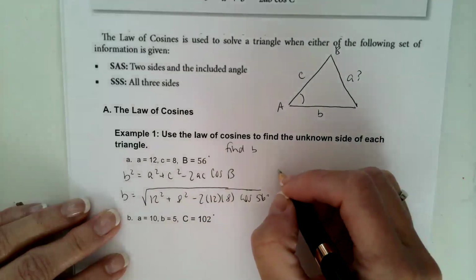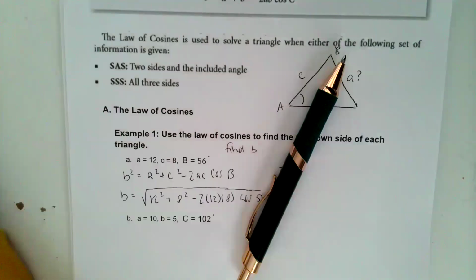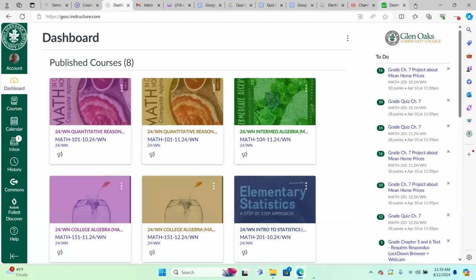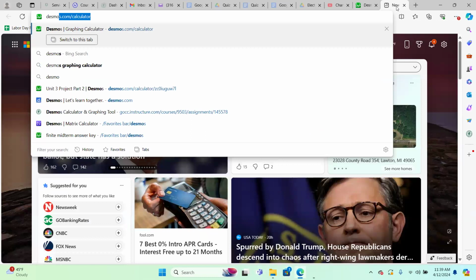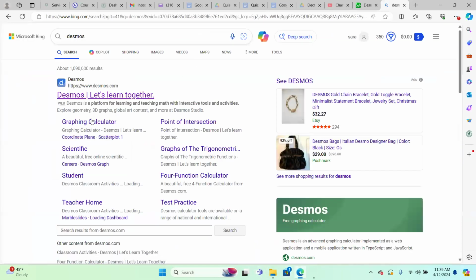And we can put this directly into the scientific Desmos. So let's share our screen here so we can show you what that looks like. Let's just click here, and then we can go to the scientific calculator.